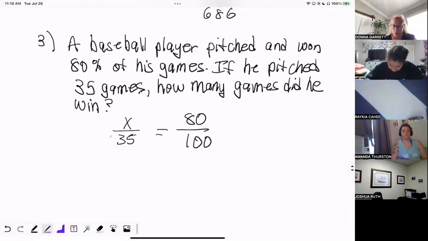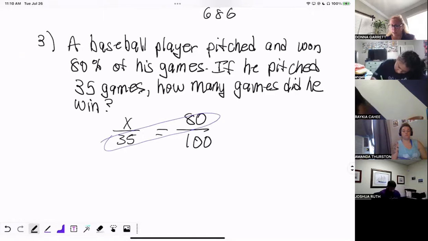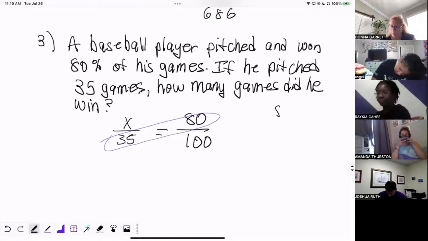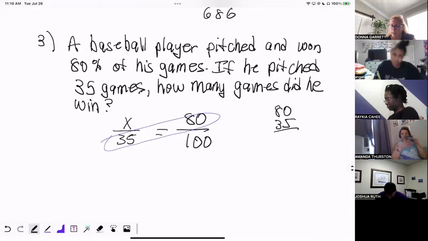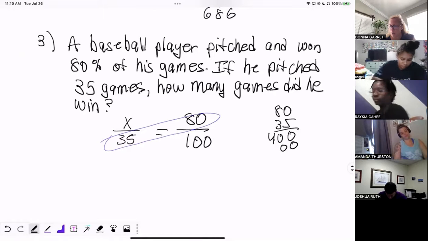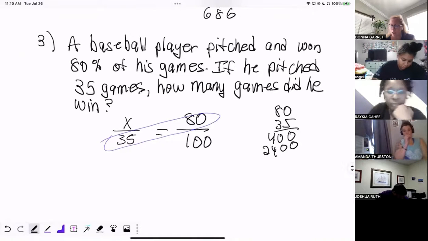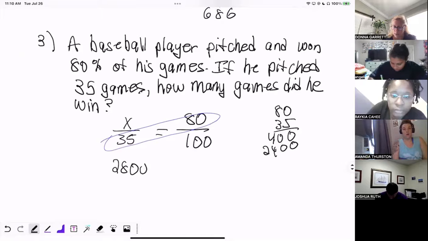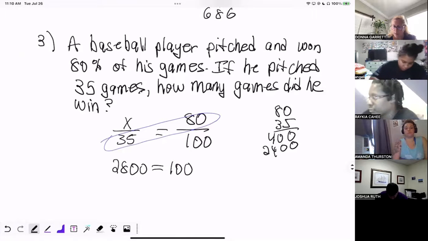Okay, so we're going to cross multiply. 80 times 35, I tried to do it in my head, didn't work. 0, 40, 0, 0, 8 times 3 is 24, 2,800. 2,800 equals 100x.